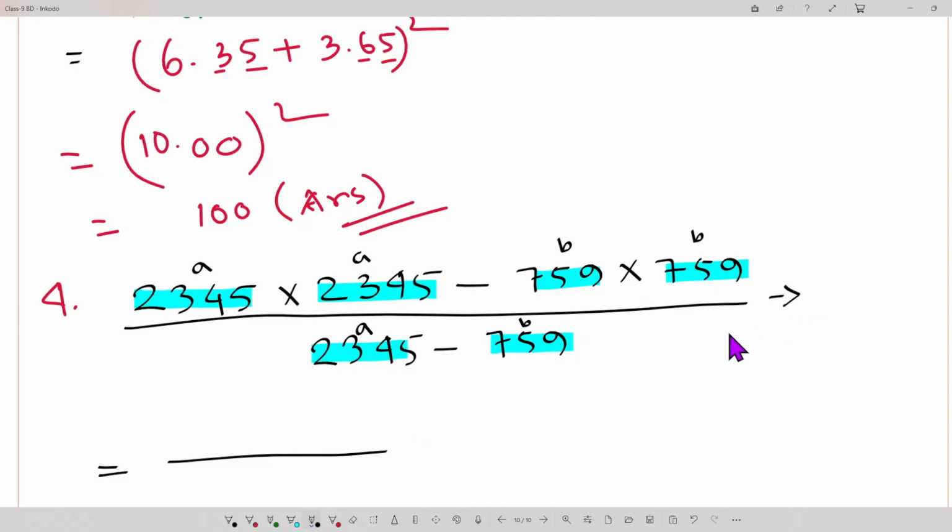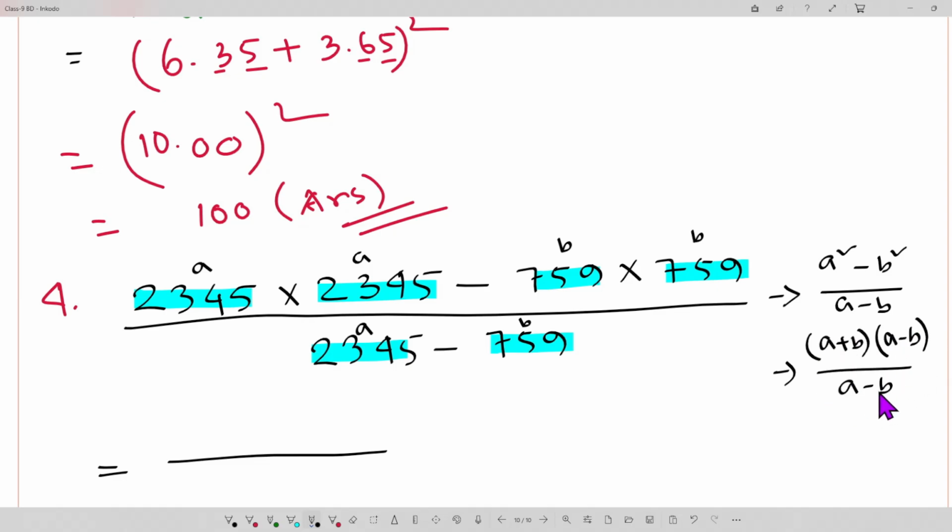So what is the meaning here? a times a is a square minus b times b is b square, divided by what? a minus b, right? We know a square minus b square means (a + b) times (a − b), and here is a − b. Finally this a − b and this a − b cancel out, and we will get a + b.